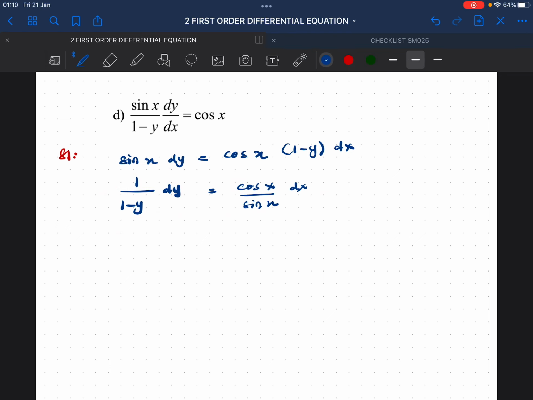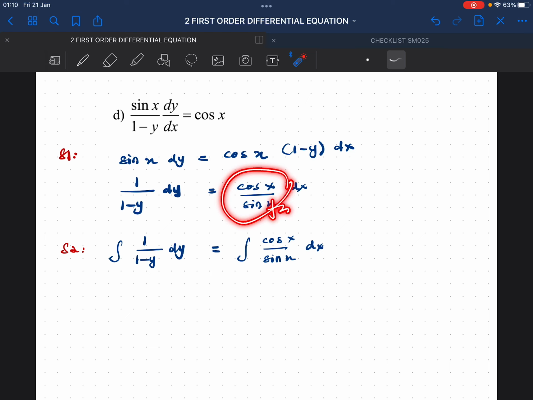Let's move to the second step, which is to integrate both sides. Integrate 1 over 1 minus y dy equals integrate cos x over sin x dx. First, maybe you can change this to tangent x. But remember, you would then need to integrate tangent x.